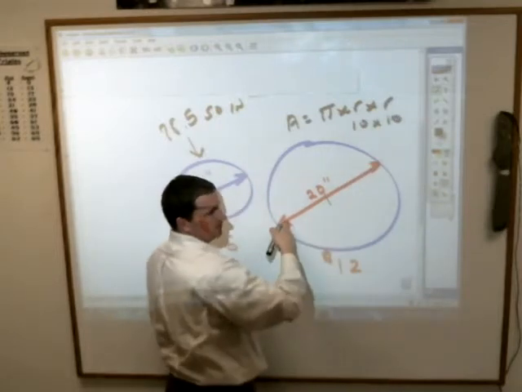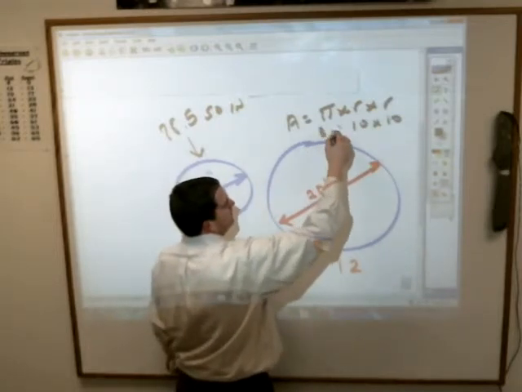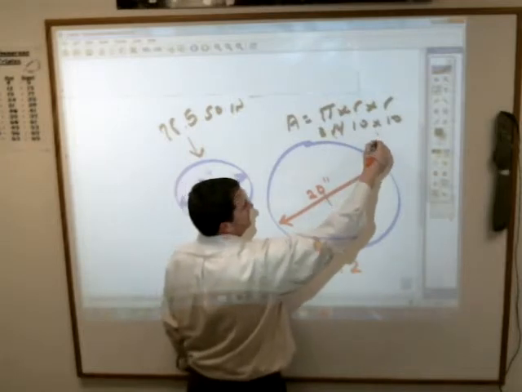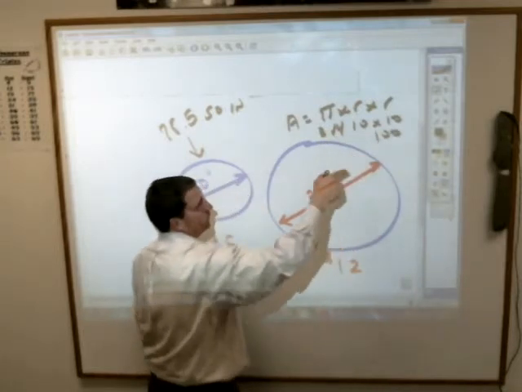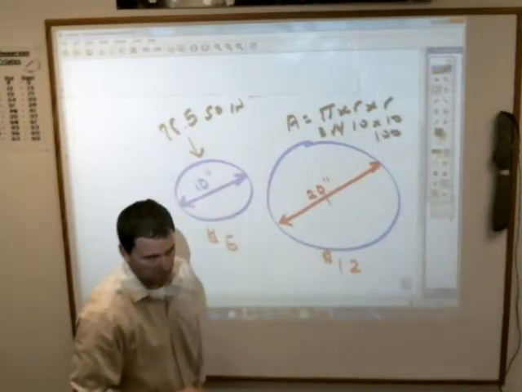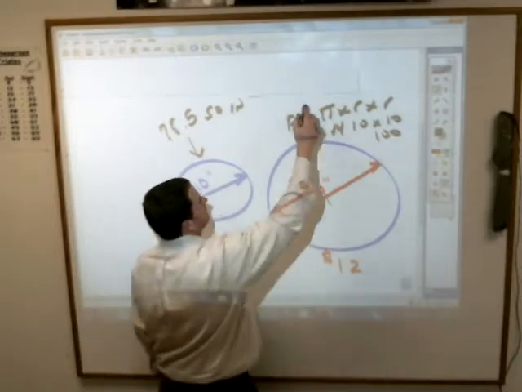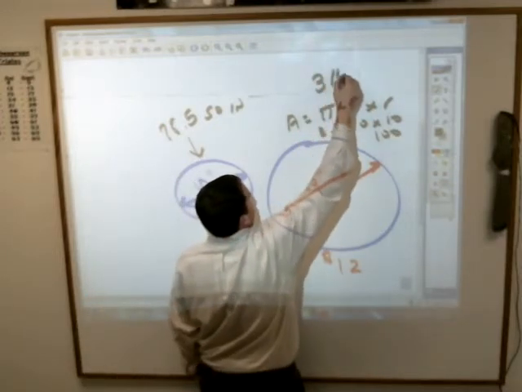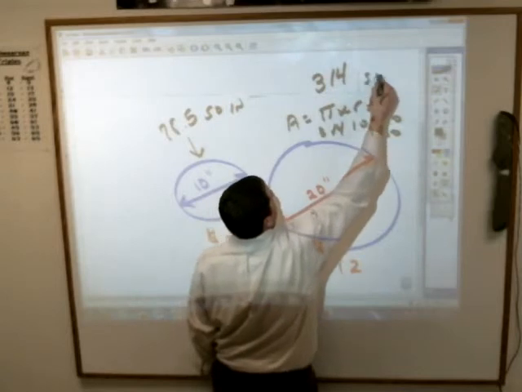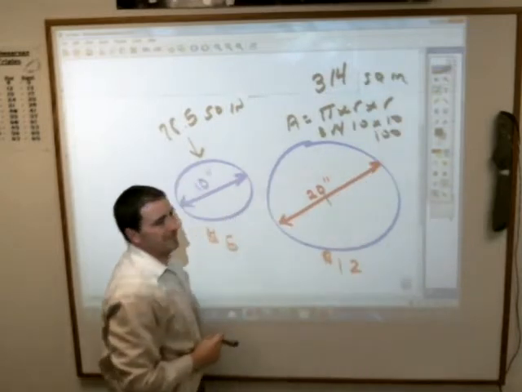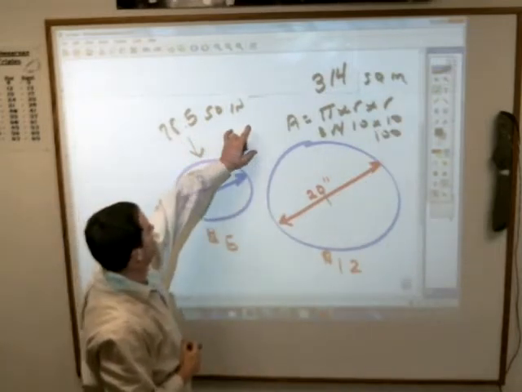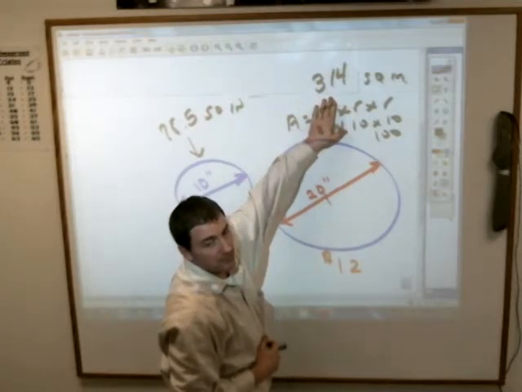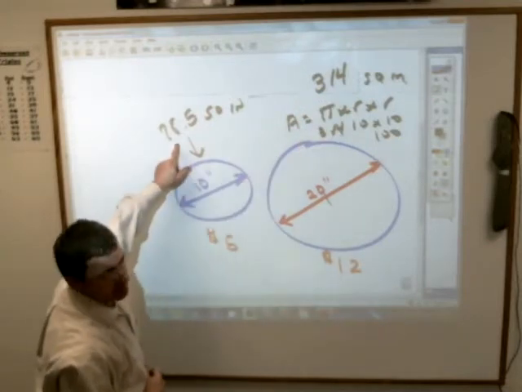Because 20 is the diameter, 10 is the radius. What is 3.14 times 10 times 10? The same thing as 3.14 times 100, which is 314. This one is 314 square inches.